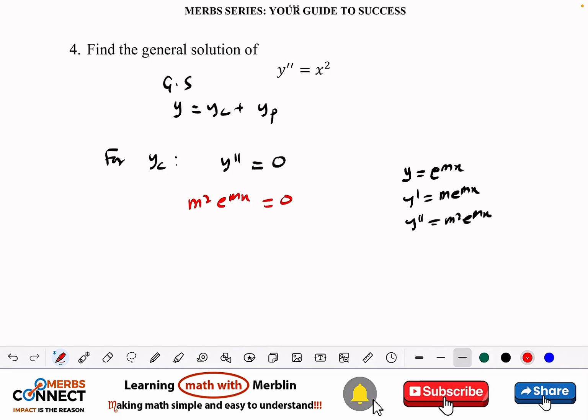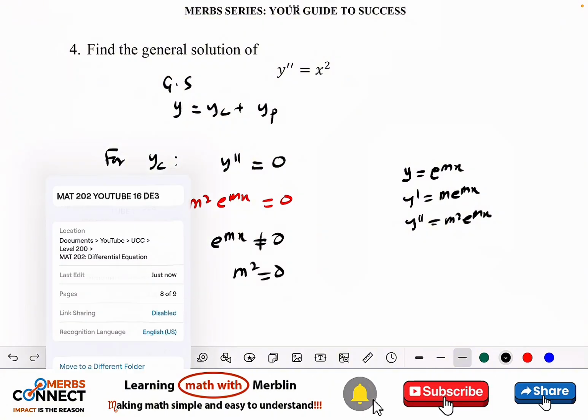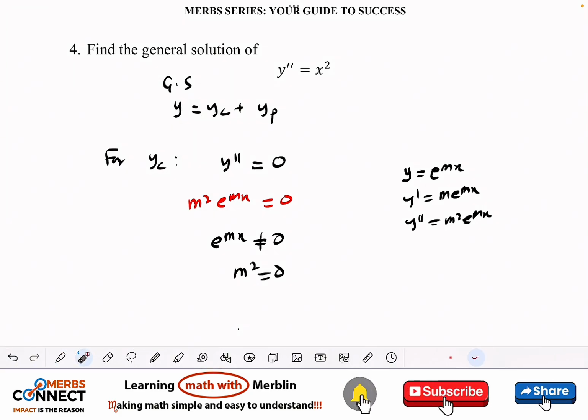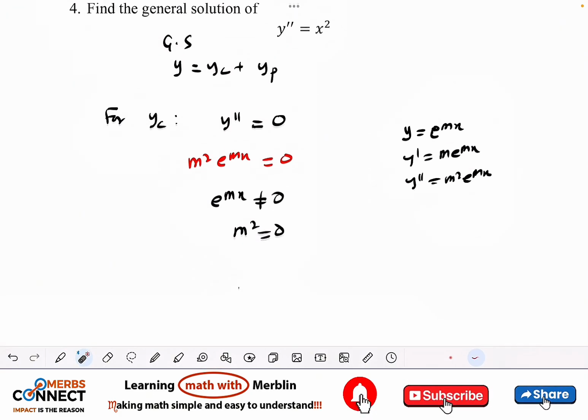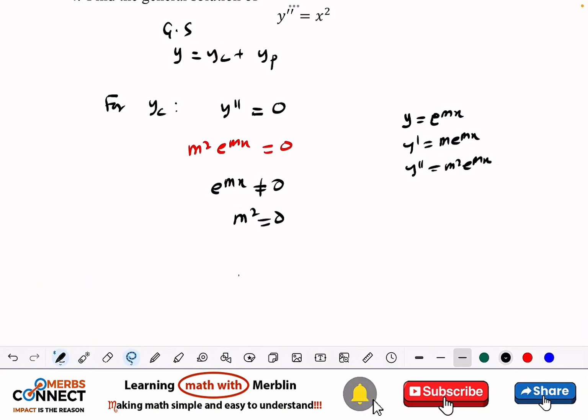Then here we are going to assume that e to the power this is not 0. So it means that m squared should be 0 so that the left side will be equal to 0. So I skip one step. My characteristic polynomial should be equal to m squared and it should be equal to 0.